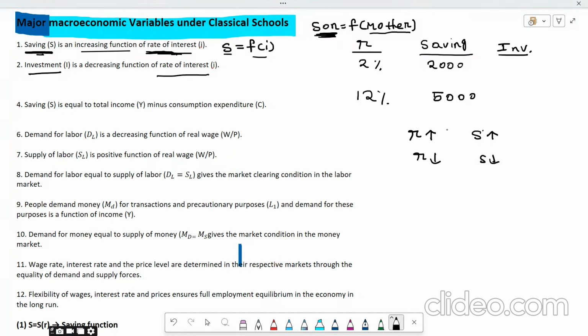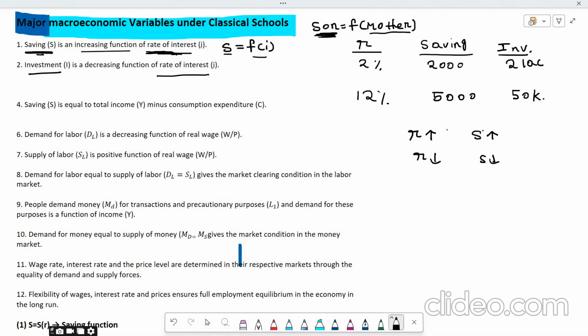If the rate of interest is 2%, they will take a loan of 2 lakh for buying new capital, new machines, etc. But if the rate of interest rises from 2% to 12%, they will take less loan, suppose only 15,000, as they now have to pay a higher interest rate on the loan.